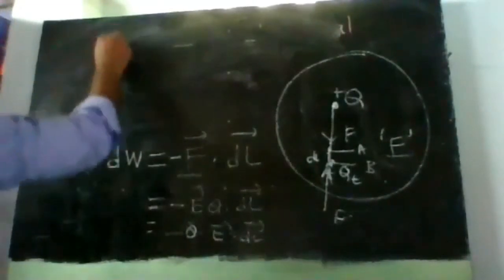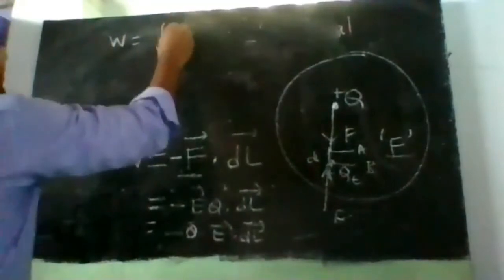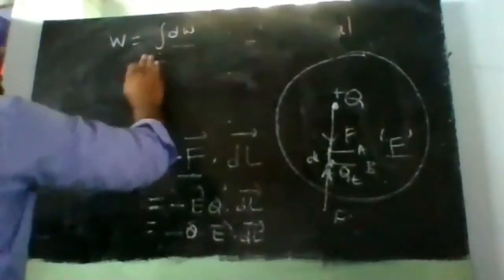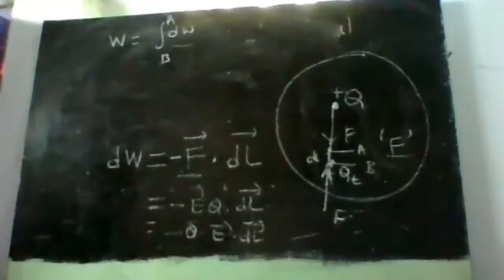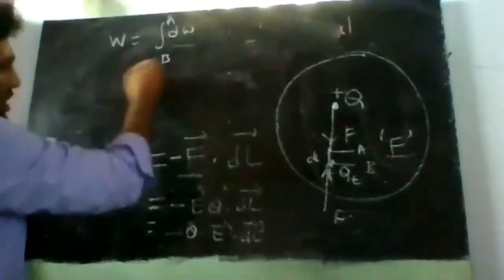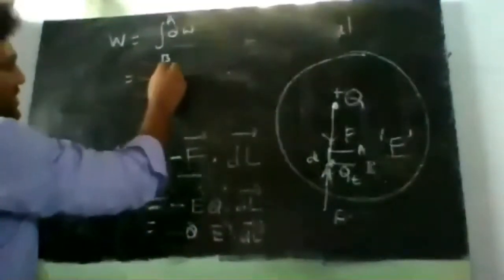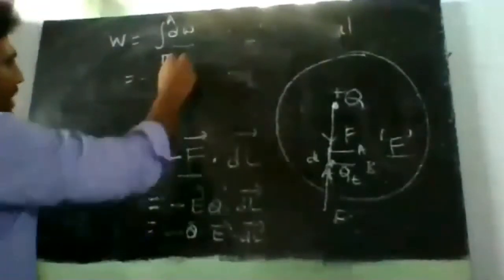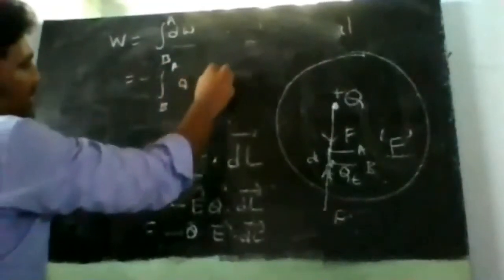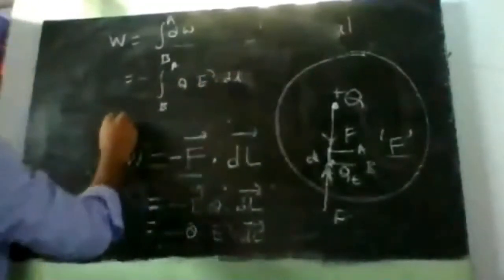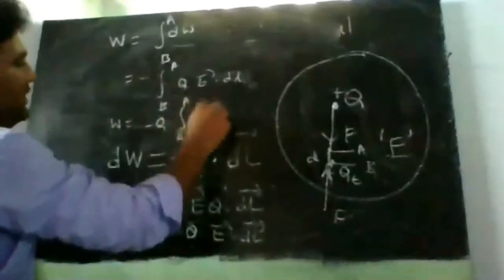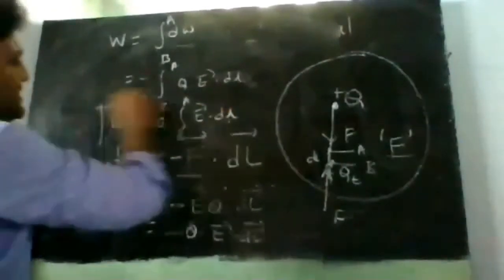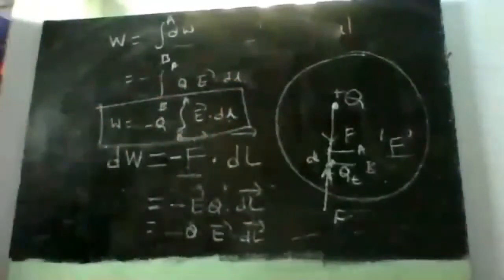The total work W can be given as the integral of dW from B to A. The initial point is B and the final point is A. So W is equal to minus the integral from B to A of Q E dot dl, or W is equal to minus Q times the integral from B to A of E dot dl. This is the formula for work done.